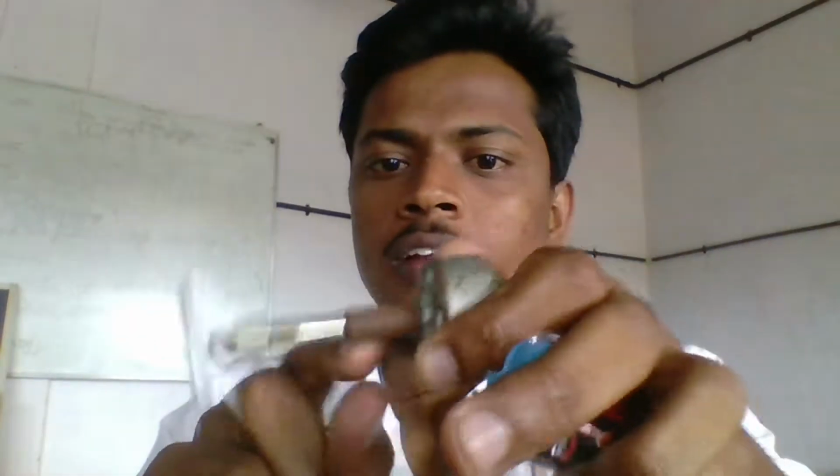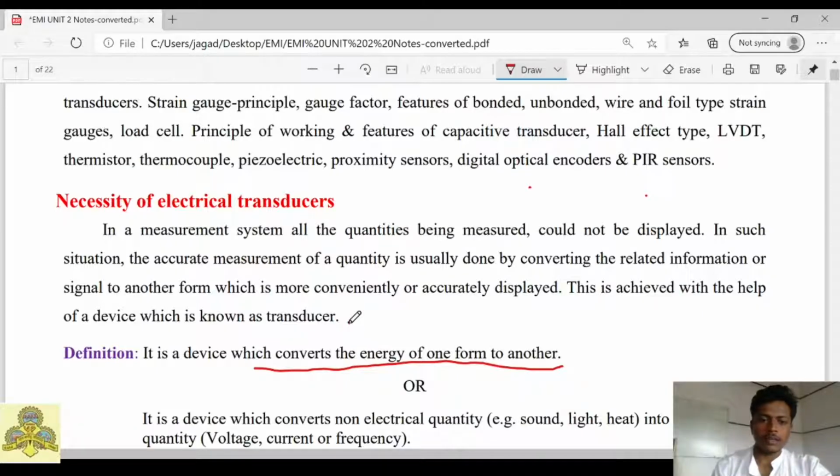So now I call this device a transducer. In the first case, mechanical energy is converted into electrical energy. In the second example, electrical energy is converted into mechanical energy. Now you can clearly understand what a transducer is: a device which converts the energy of one form to another.